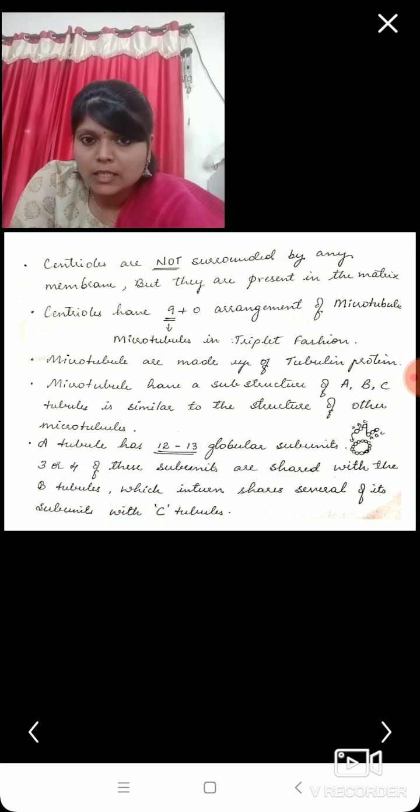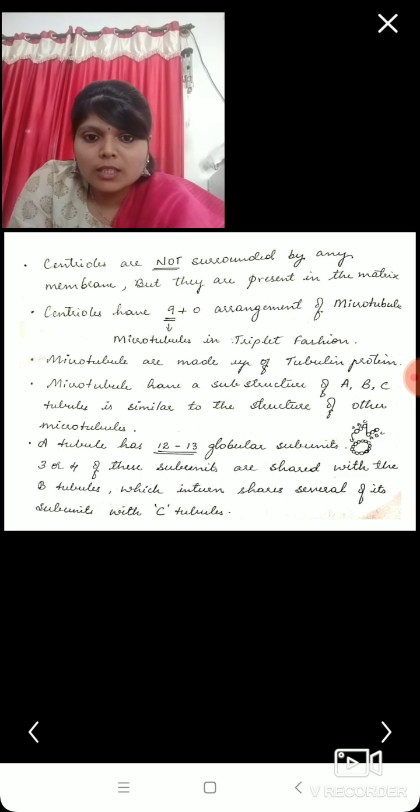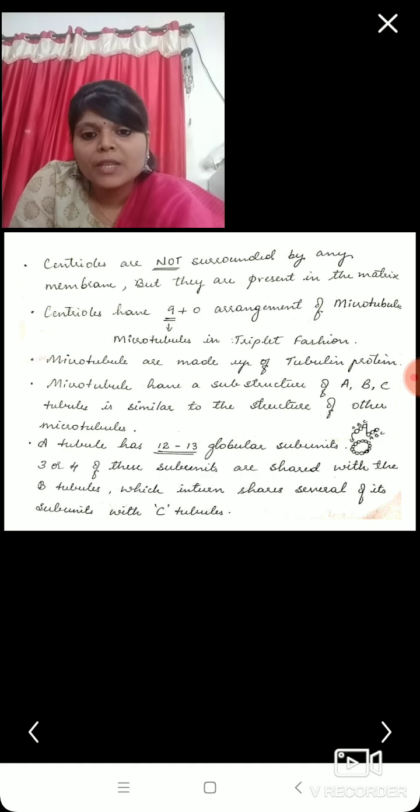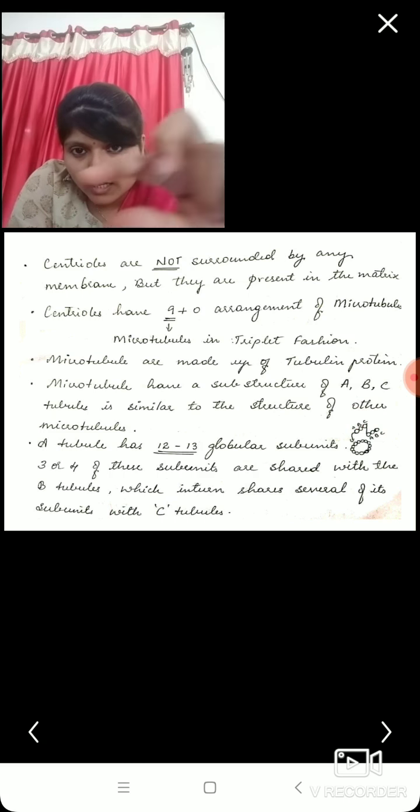If A, B, C is a triplet, I have taken one and enlarged it to show how the 12 to 13 globular subunits form the A substructure. Of these, 3 or 4 are shared with the B tubule, which in turn shares several of its subunits with the C tubule.